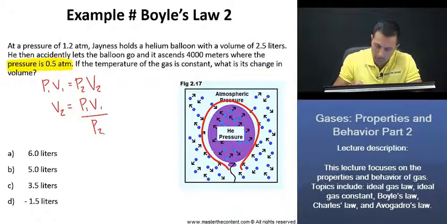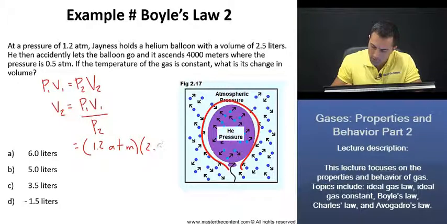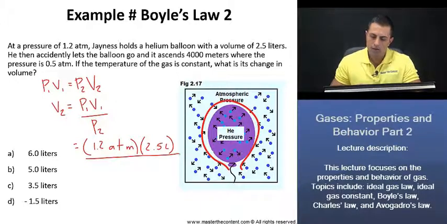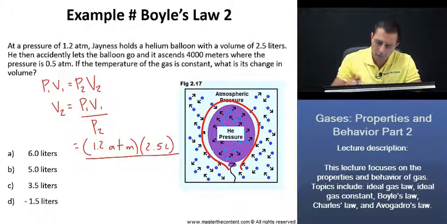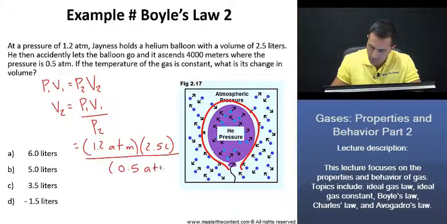Now, if we plug in our values, we were given P1, 1.2 atmospheres, and we're given the initial volume, which was 2.5 liters. Now, if we divide that by our P2, which was given to us as well as 0.5 atmospheres, we find that the final volume is going to be 6 liters.